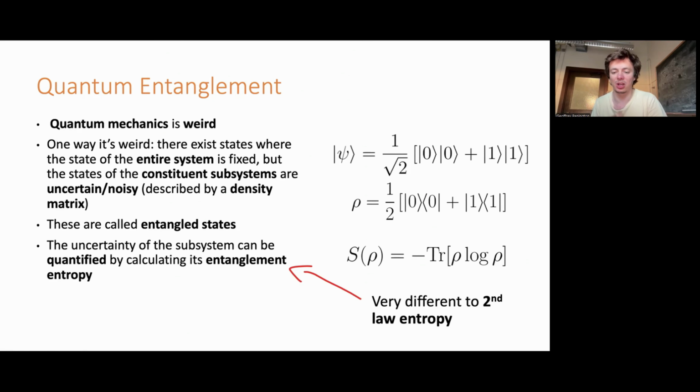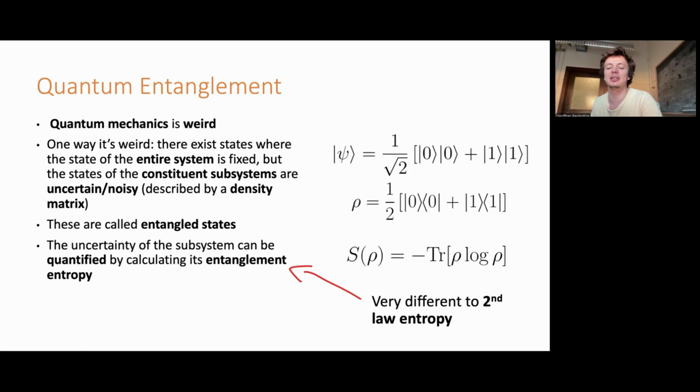Entanglement entropy is about a fundamental lack of knowledge: that the true state is not even well defined, because it's entangled with some other system, so the best you can do, even if you know everything about the state, still has some noise. So the two are related. The second law entropy is always bigger than or equal to the entanglement entropy, but they're not the same.